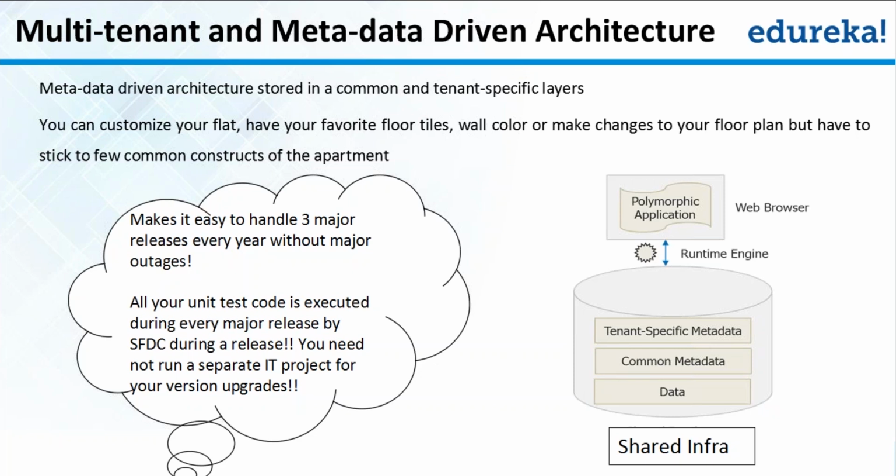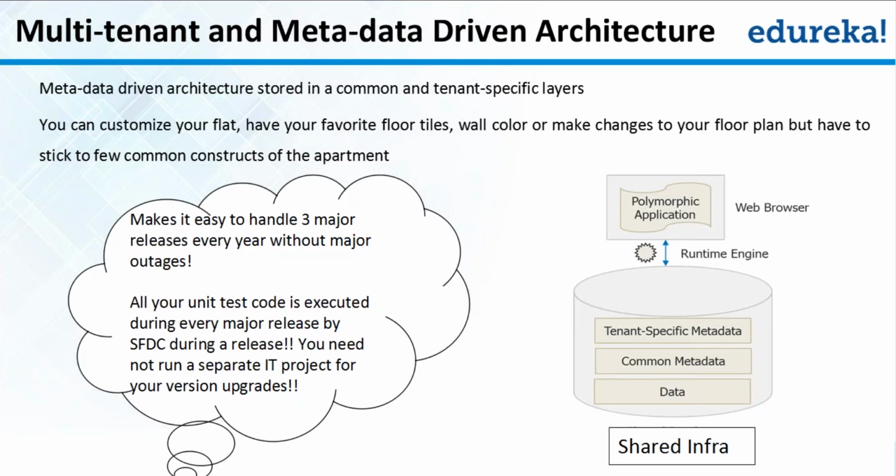Certain facilities in your flat have to be aligned with all the tenants, right? You cannot have your kitchen right in the middle of your flat, whereas all the people below and above you have the kitchen in some other corner of the flat, right? That is basically common metadata, right?